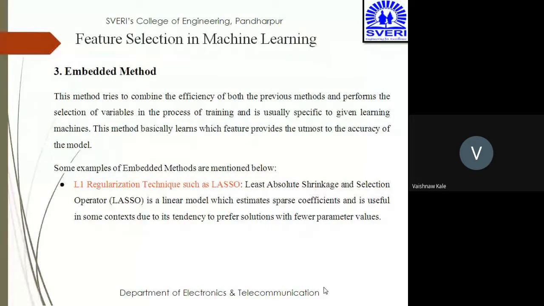That is what L1 regularization is. Simply put, lasso is a linear model that estimates some coefficients in the context of features and estimates with few parameters. That is what lasso means: least absolute shrinkage and selection operator.